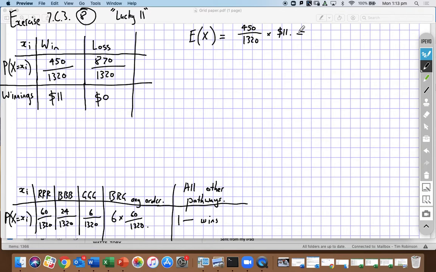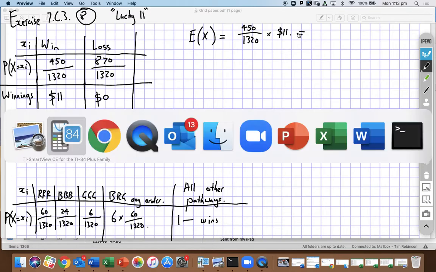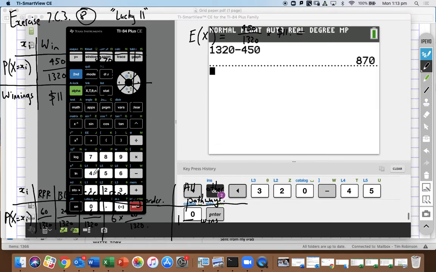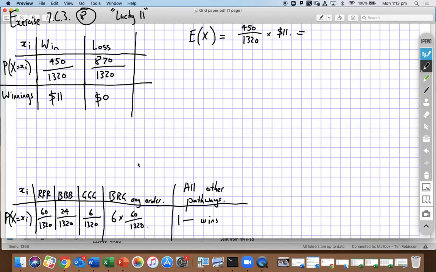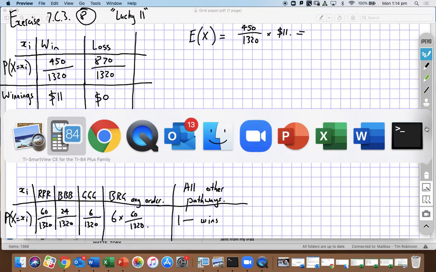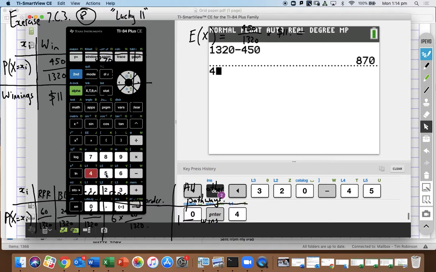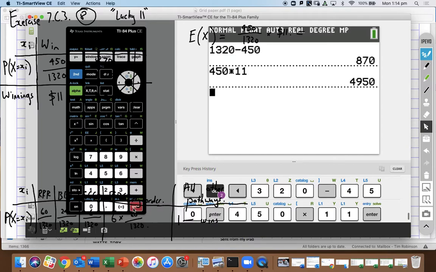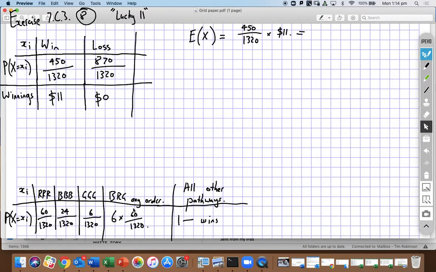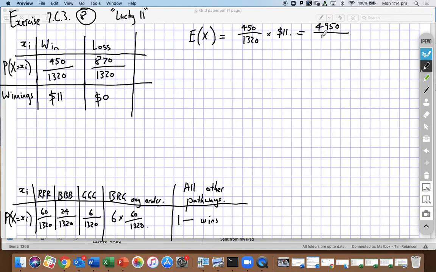So what do we get? 450 times 11, which is 4,950. 4,950 out of 1,320 schmackaroos or dollars.